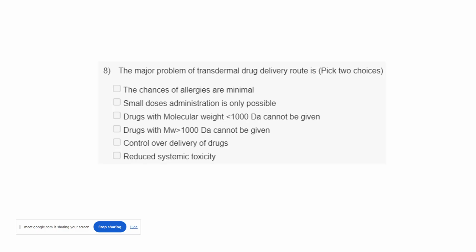Here is the eighth question. The major problem of transdermal drug delivery route is. Option 2 and 4. Okay.